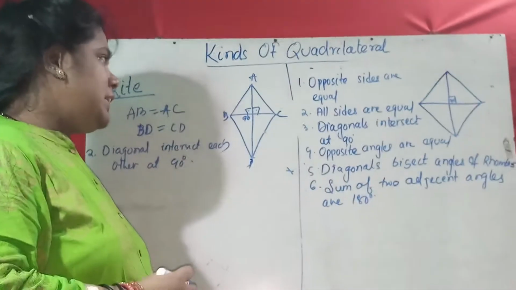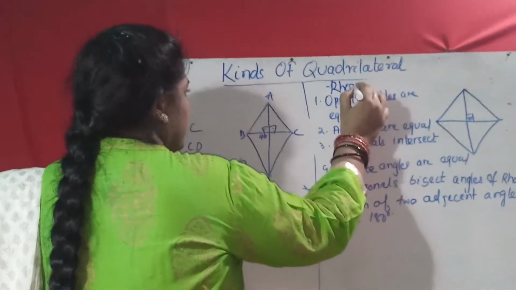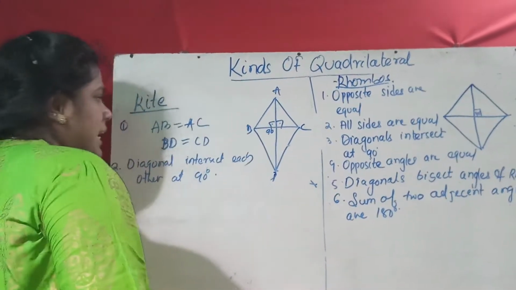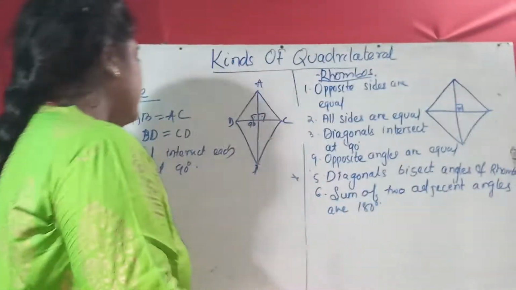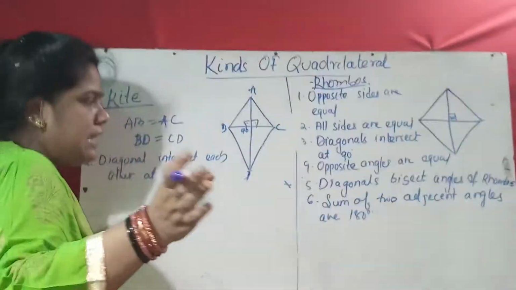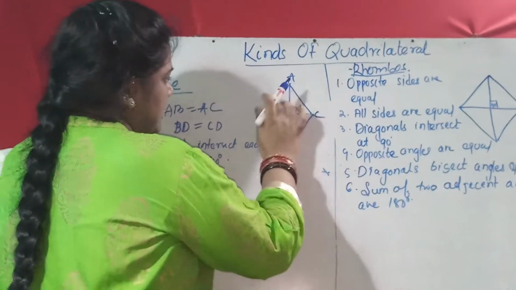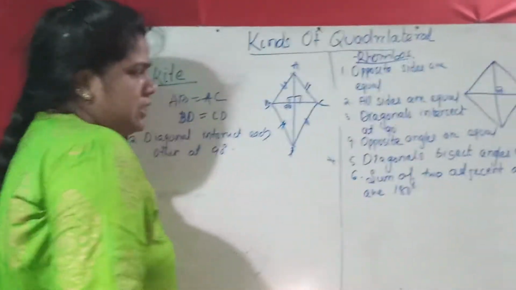Now another two quadrilaterals, the kite and the rhombus. A kite is a special kind of quadrilateral, like the kites you play with and fly. Here AB equals AC, and BD equals CD. These two sides are equal to each other and these two sides are equal to each other.